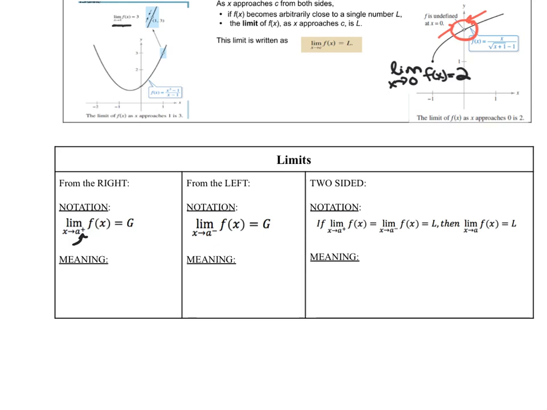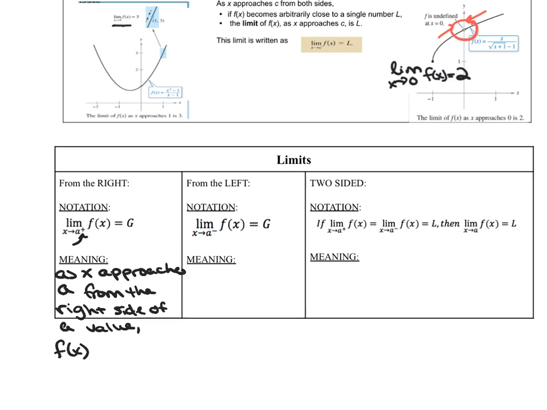Okay, and what it means is that as x approaches a, that value of a, from the right side of the graph, or the right side of the a value, f of x, or your y values, approach some value g.